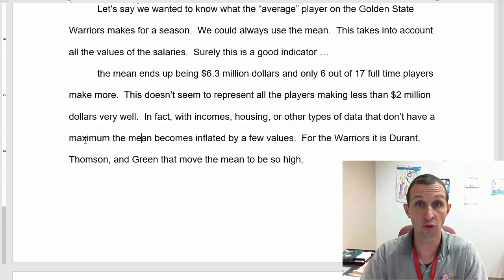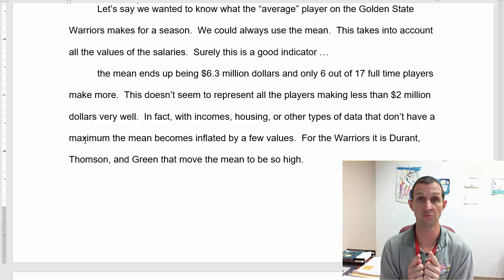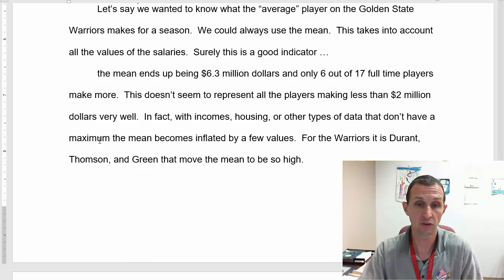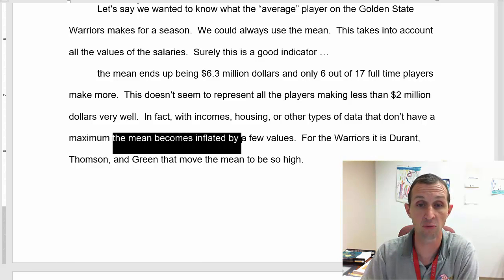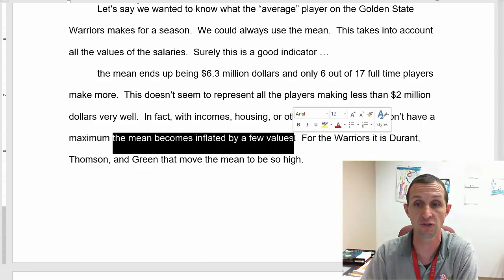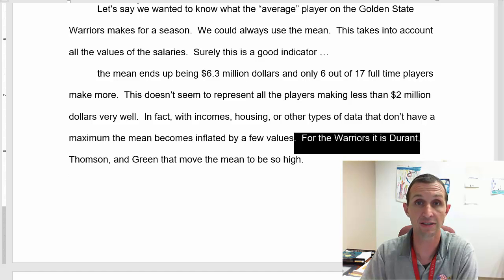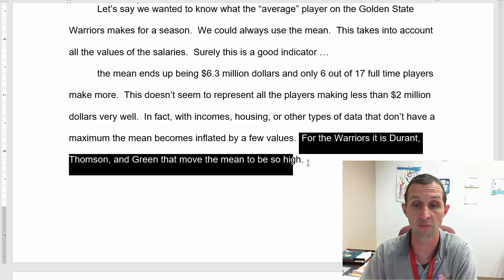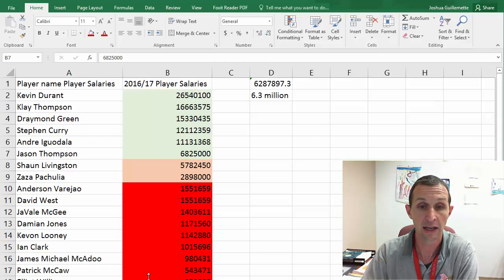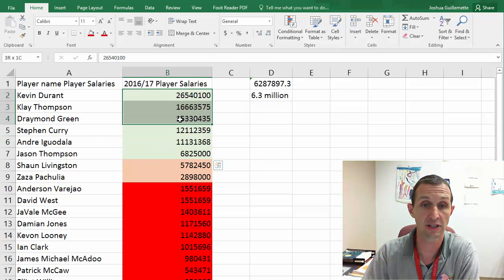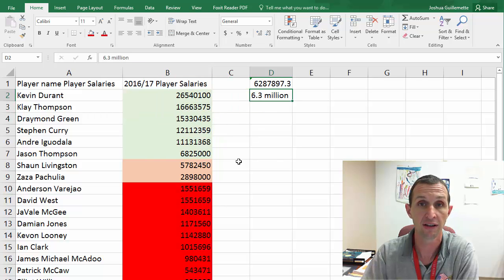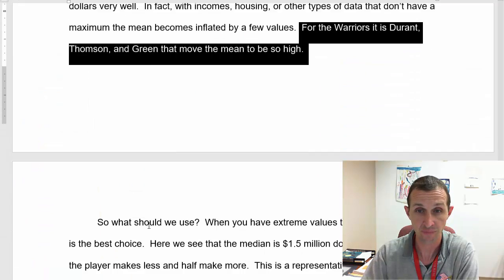I know children. I have 5 children. There are people who have more children than me. Duggars, right? So the mean can become really inflated by just a few values. For the Warriors, it's Kevin Durant, Thompson, and Green that move the mean to be so high because their salaries are so much higher than everybody else's. It really pulls that mean.